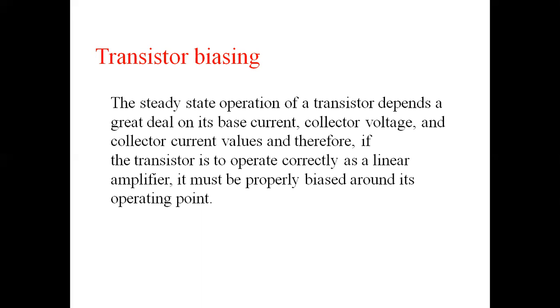To achieve this, the input circuit of the transistor must remain forward biased and the output circuit must always remain reverse biased during all parts of the signal. This is known as transistor biasing. The weak signal is given to the base of the transistor and the amplified output is obtained in the collector circuit.